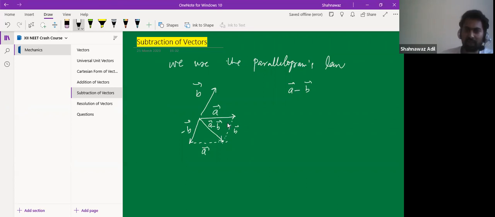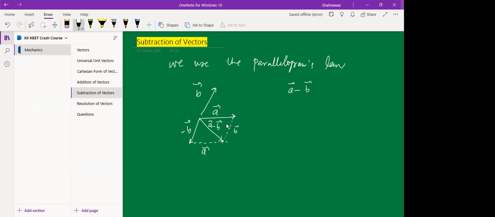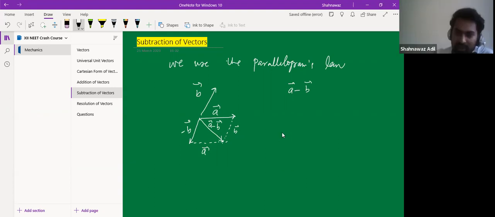Understood up to here? Okay, I will not derive this, but I will just draw the equivalent triangle. So this is A, and this is B cos theta.